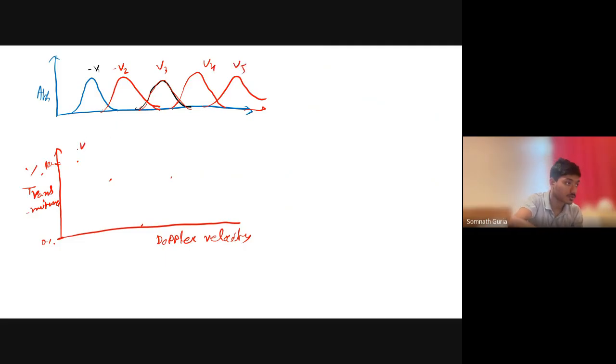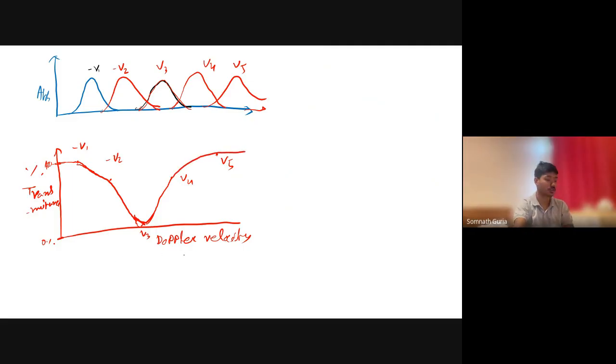So this is minus v1, minus v2, v3, v4, and we have 100% at v5. So in principle, if we record at every particular point, we will definitely get this kind of spectra for my sample with respect to Doppler velocity.